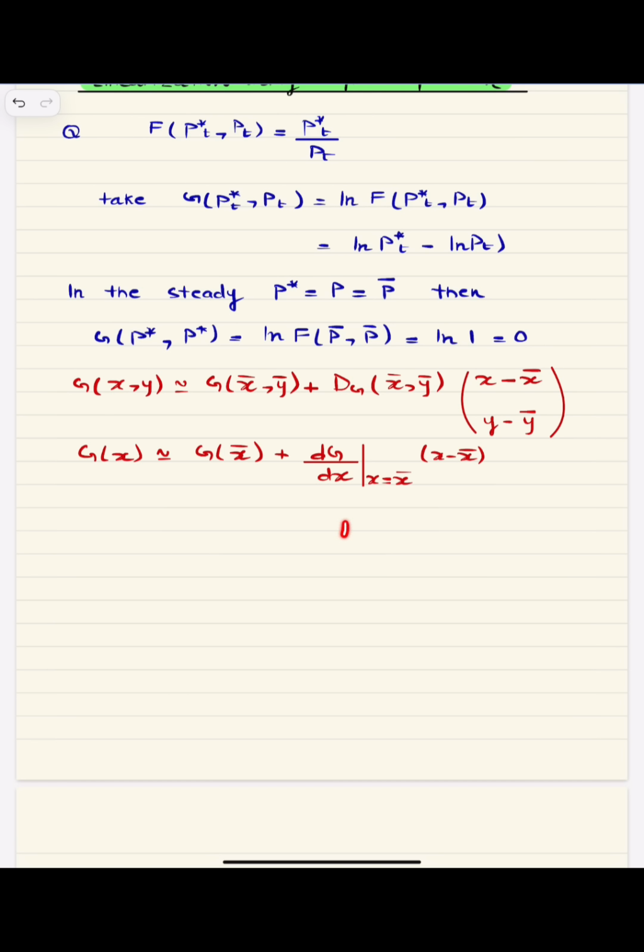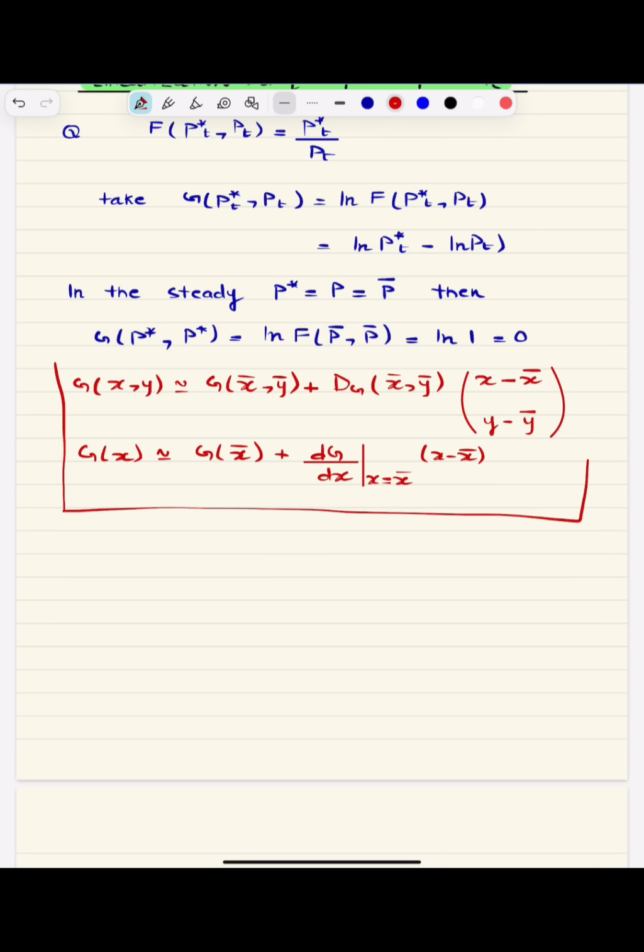And then the double derivative at x equals x bar, times x minus x bar squared over 2 factorial, and so on. That's the Taylor expansion. But I'm doing the Taylor expansion with the highest order being 1, because I want to linearize my function. Okay, I'll just make a box around here.